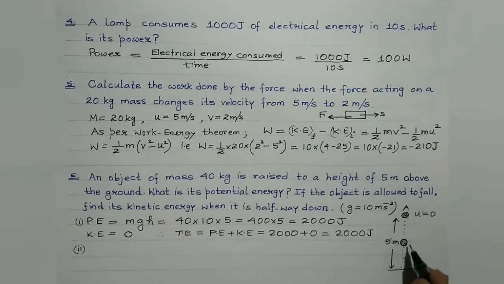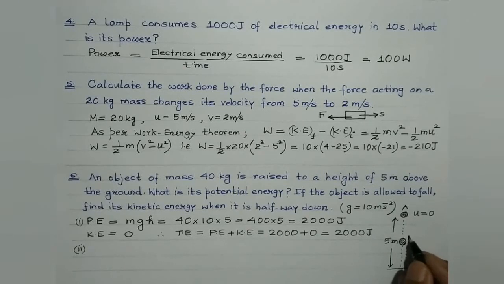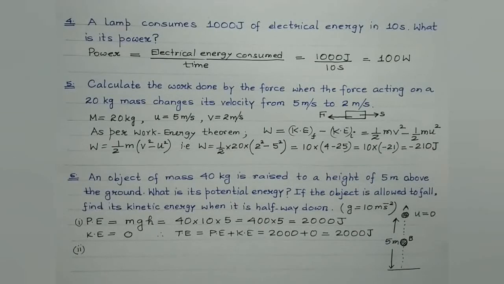Now as the body falls, it will lose height and will gain velocity. So whatever is the loss of potential energy would be equal to the gain in kinetic energy. Or, students, you can apply the law of conservation of energy, obviously. Total energy at point A would be equal to total energy at point B, isn't it?